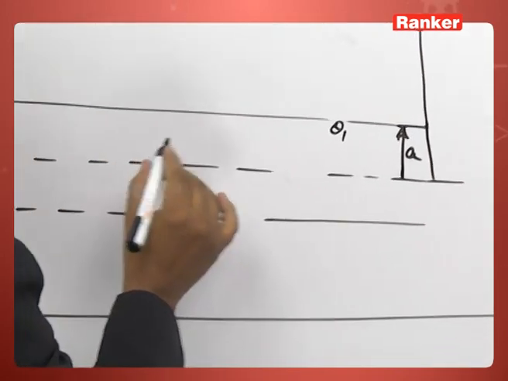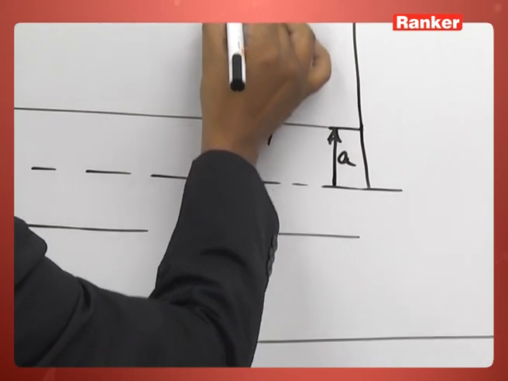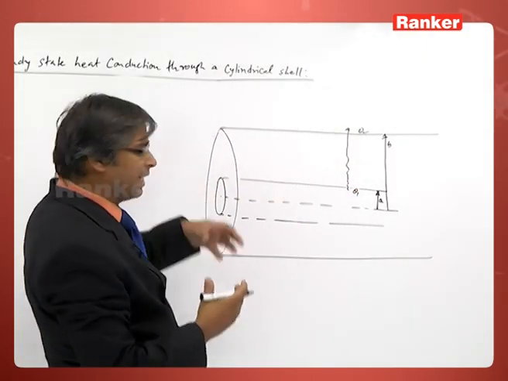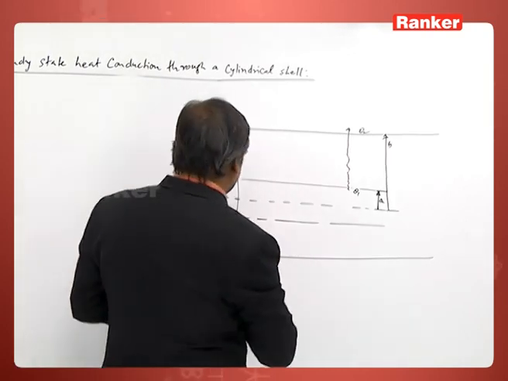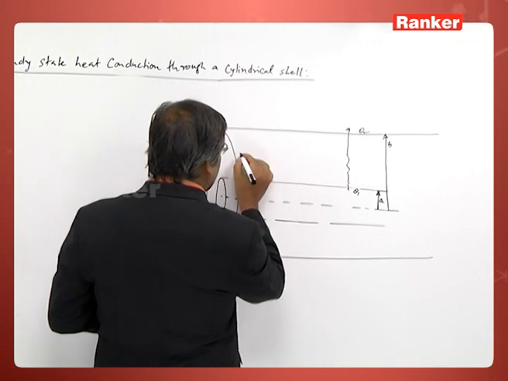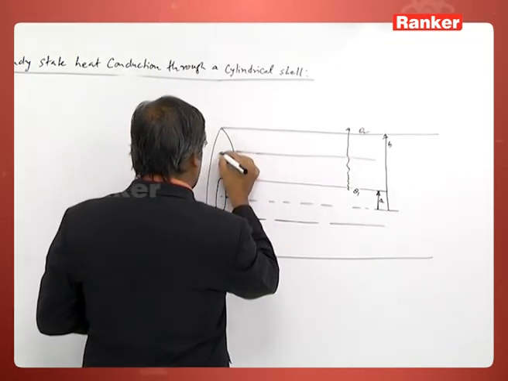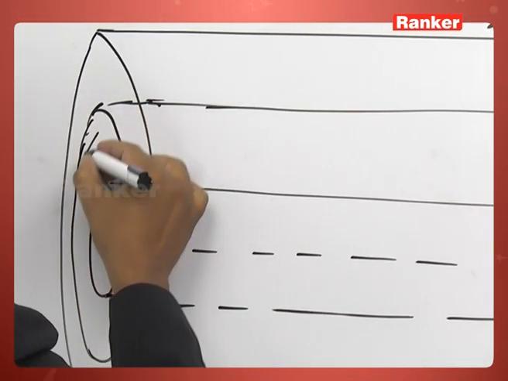So, what happens? The heat flows from inner to the outer in the radial direction. In order to study how the heat flows, again let us consider an annular region. This is the annular region that I am going to shade.